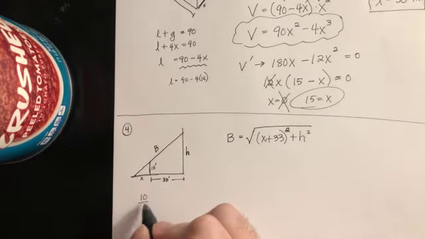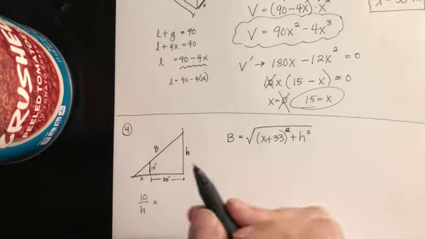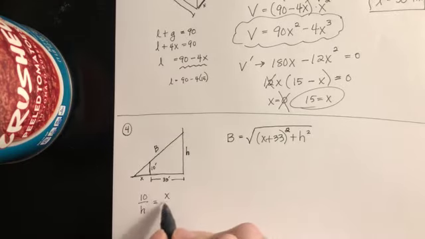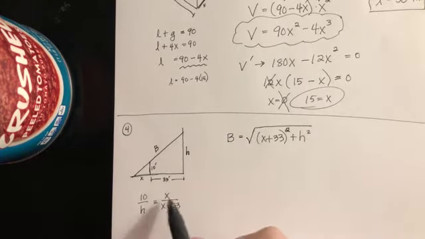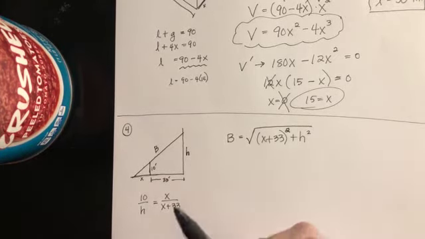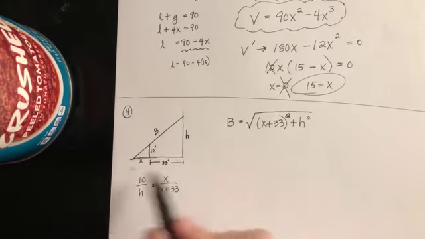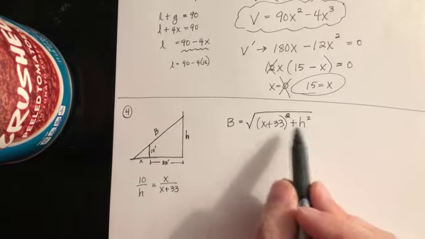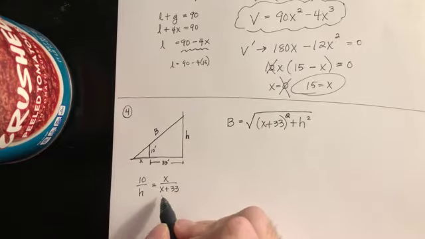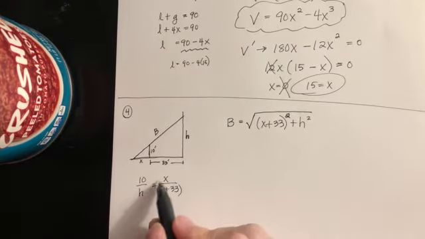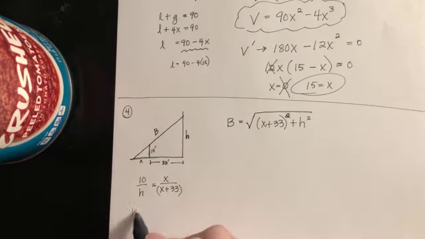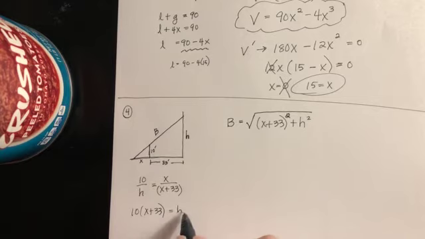So 10 goes to h, as this side, this little x, goes to the long side, which is x plus 33. That's how we'll relate with similar triangles. This is the extra stuff that I can use to figure out how to get h in terms of x or vice versa. Now, if I remember my similar triangle proportions, I cross multiply, right? So I get 10 times x plus 33 is equal to hx.